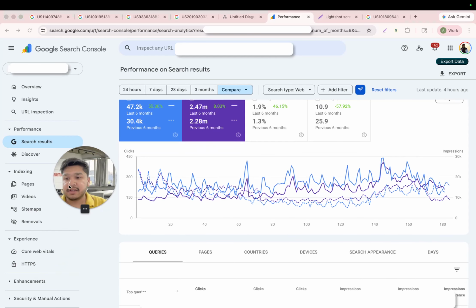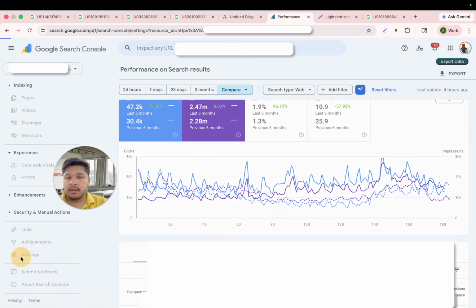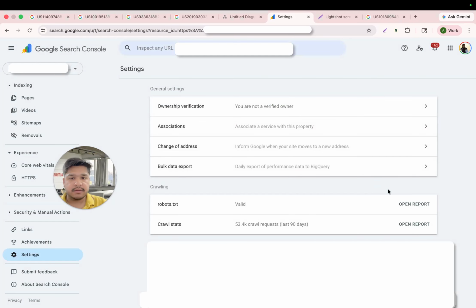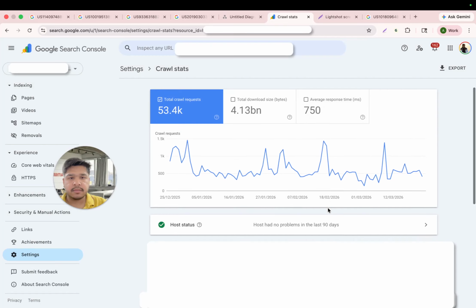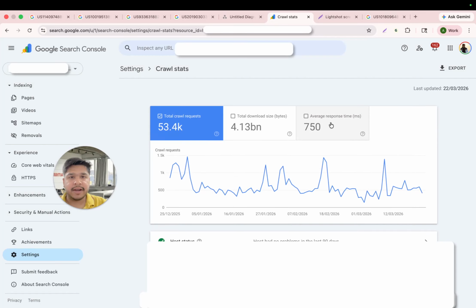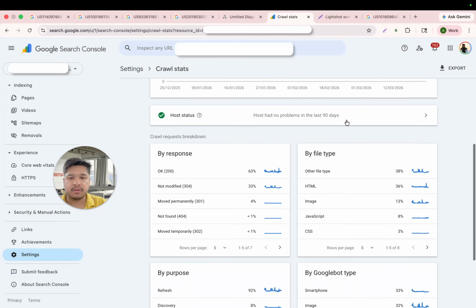If I give you some other suggestions rather than only the content side, second, always try to keep a lower response time, less than 100 milliseconds, and also keep this OK section at 98 to 99%.